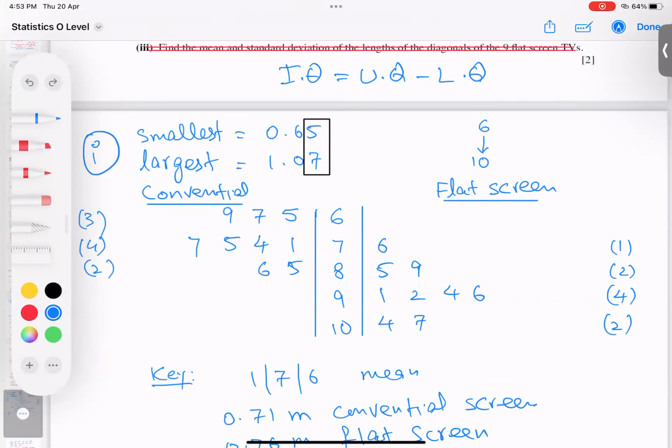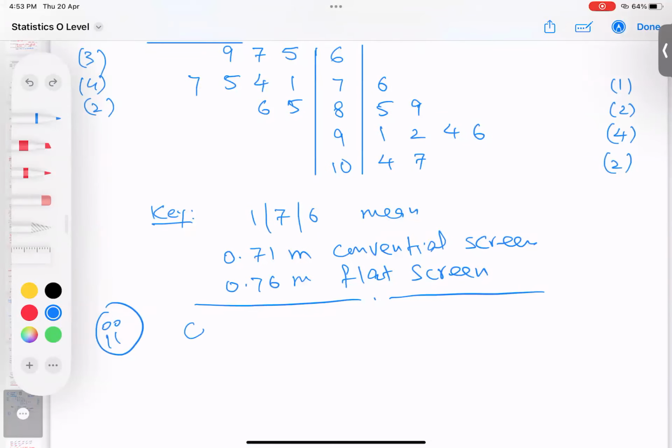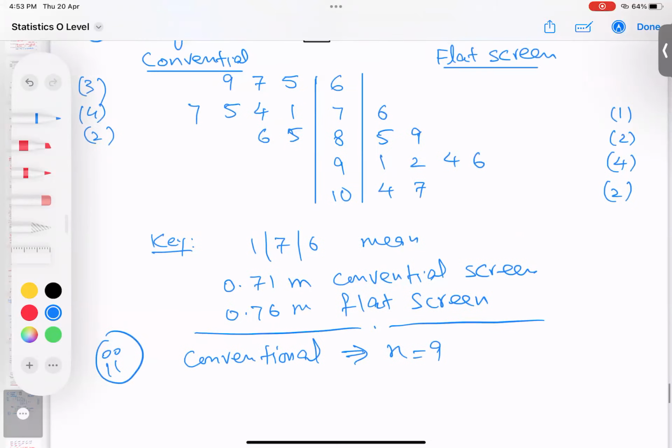If you look carefully, 7 plus 2, 9. So N is 9. So for the conventional screen, the number of values N is 9. I think you got my point. The median formula is what, students? N plus 1 divided by 2.